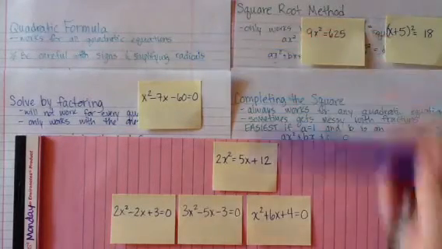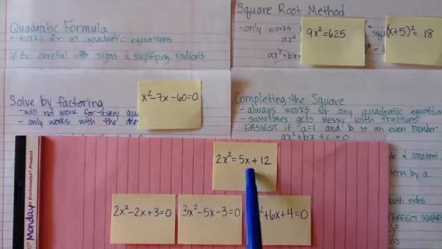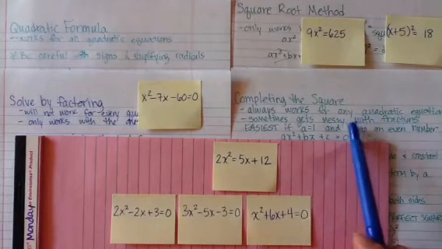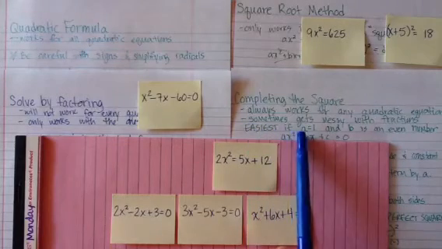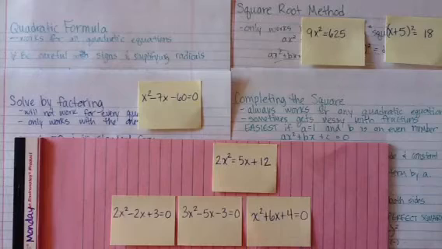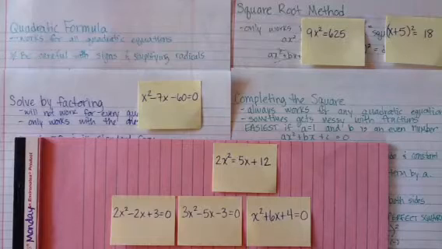Completing the square and quadratic formula. What we have left are 4 equations that are in standard form or could be made in standard form very easily. The completing the square problems say that it's easiest if a is 1 and b is an even number. So we're looking for a coefficient of 1, or that we could make the coefficient be 1 and still have an even number for our b term.